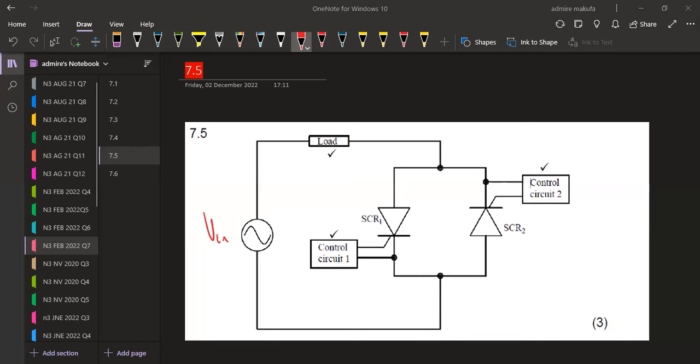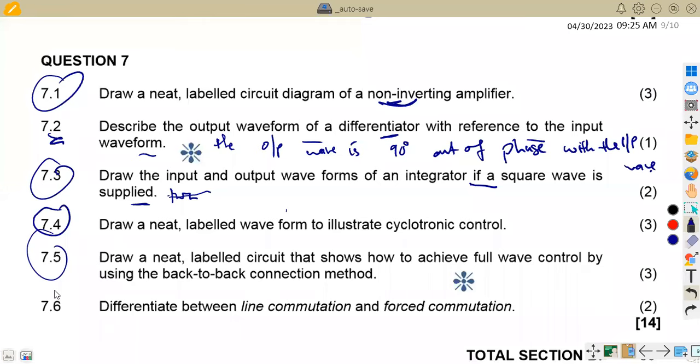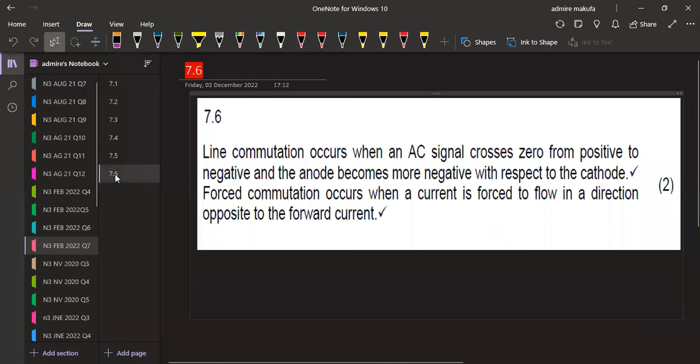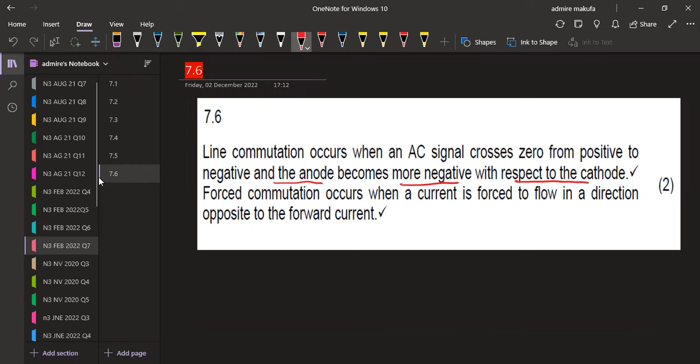Okay, then the last part of our question was to differentiate between line commutation and forced commutation. So definitions, guys, you're supposed to revise your definitions as much as you can. All right, so on line commutation, it occurs when an AC signal crosses 0 from positive to negative, and the anode becomes more negative with respect to the cathode.